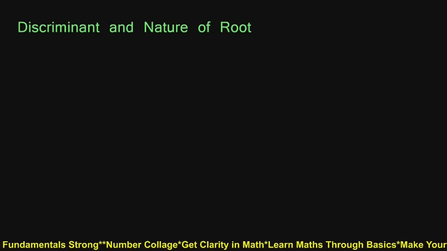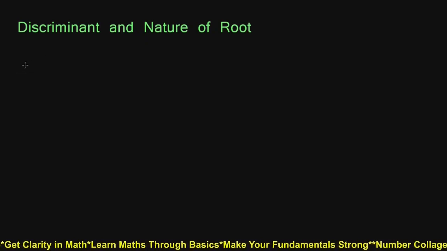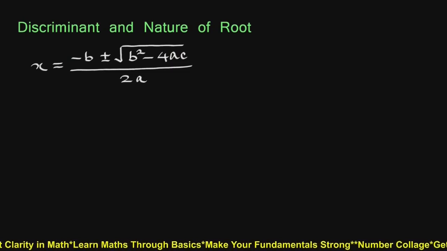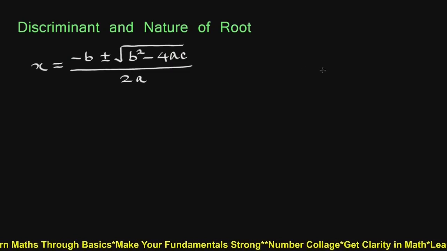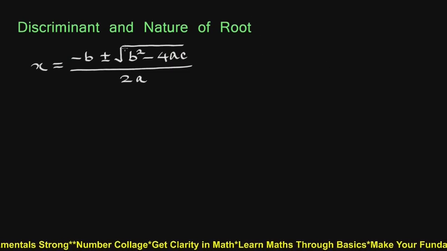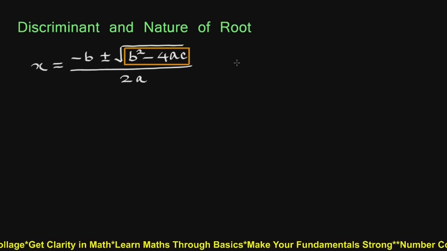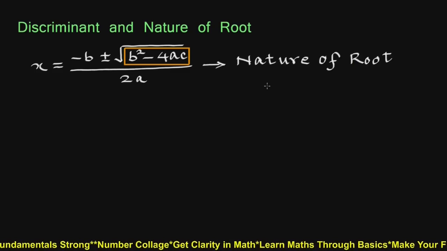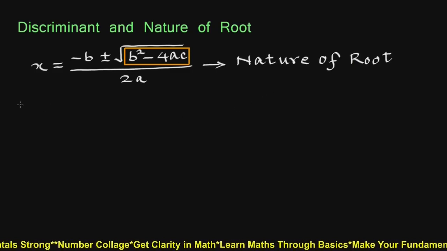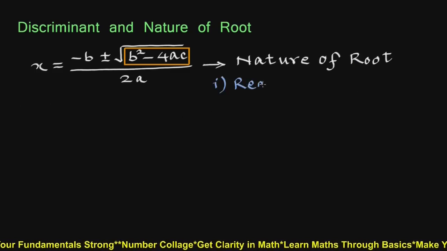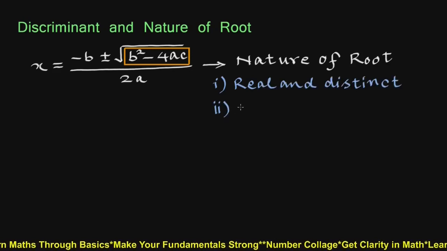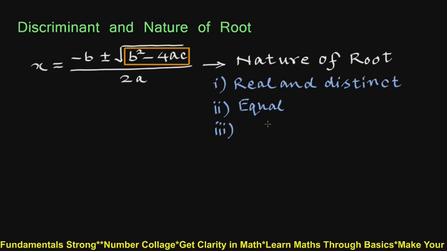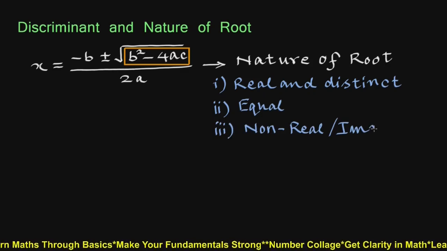Discriminant and nature of root. In the quadratic formula, the quantity within the radical sign, or square root, b square minus 4ac, plays an important role in deciding the nature of root. Nature of root means whether it will be real and distinct, whether it will be equal, or whether non-real or imaginary.